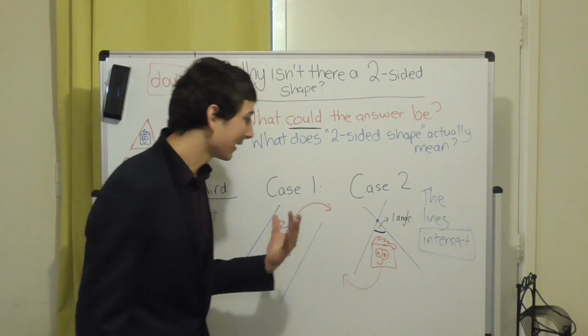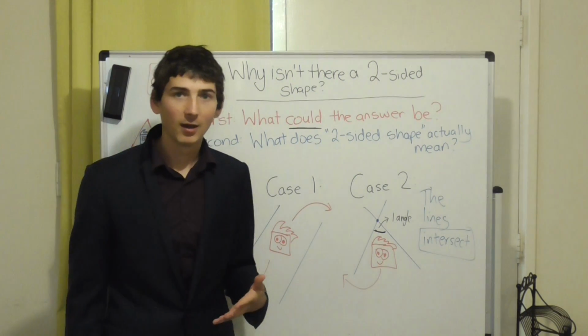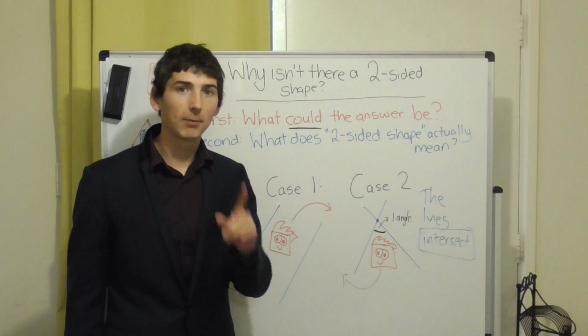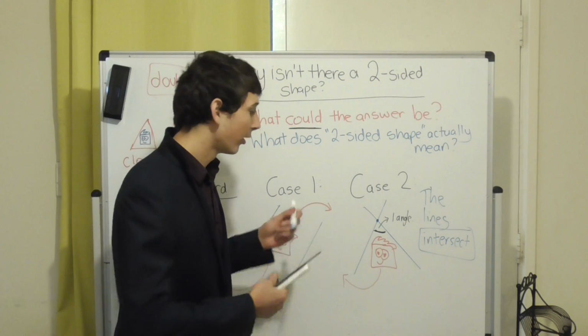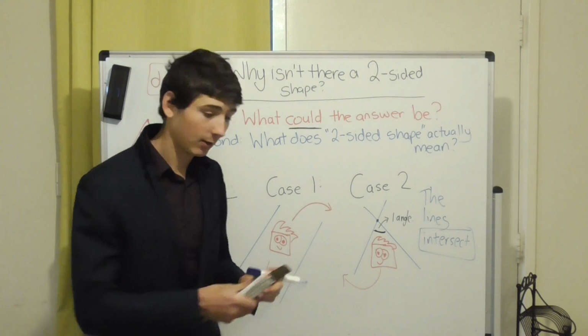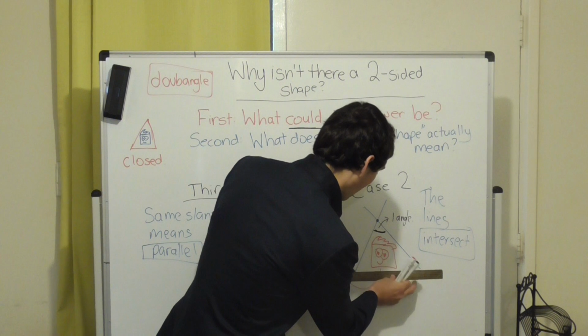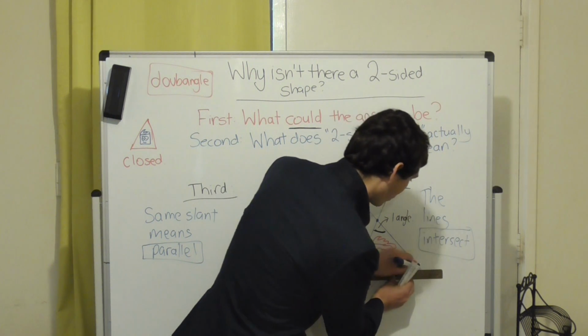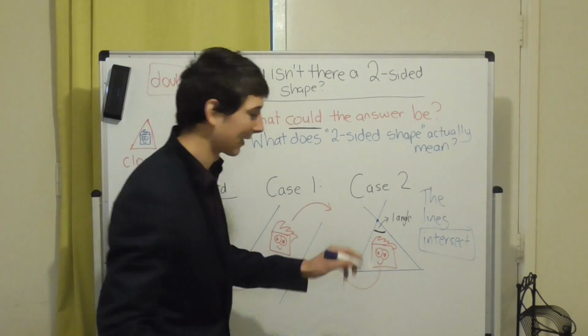But now you realise, okay, so I know I can't have a two-sided shape. I know if I did have a two-sided shape, I have one angle. As soon as I make it a shape by adding my third line, because I can't do it with two lines, I make sure that there are three angles.